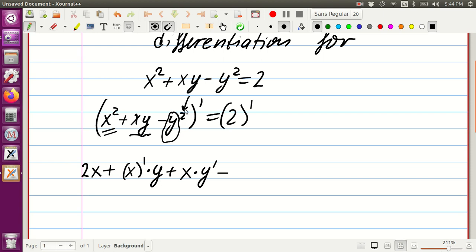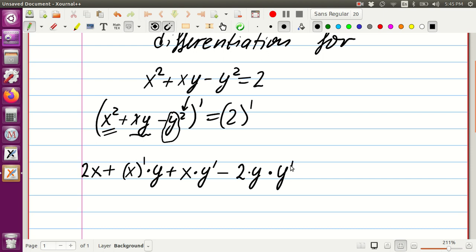So the square is our outside function and y is our inner function. Let's apply the chain rule. Power function first. Therefore 2 goes down, then we have the original expression to the power 1, and then we need to multiply by the derivative of y. So it's going to be y prime at the end.